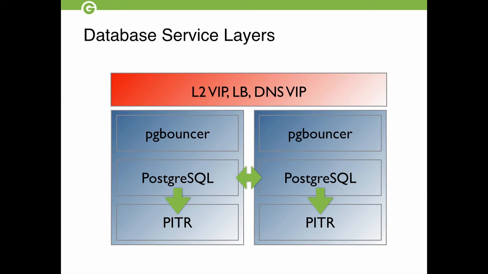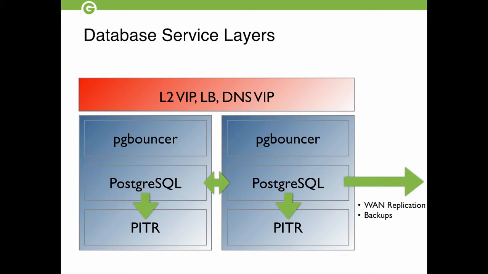And then I want to have some kind of connection management, so I've got a fourth-ish thing in this stack. Then I want to take some of this data and ship it off to another data center so that if I have loss aversion, a data center outage, I'm covered from this.